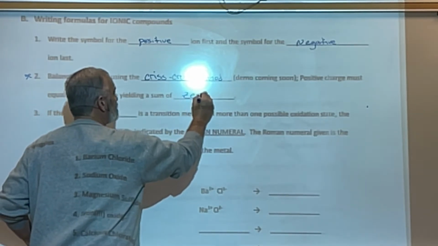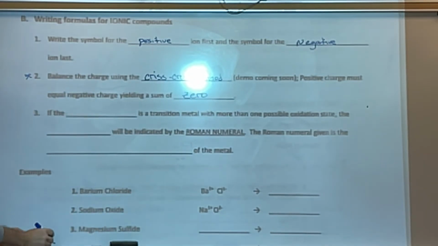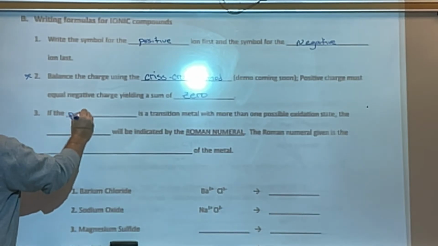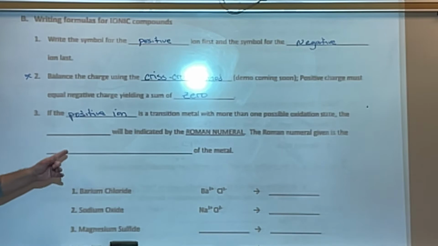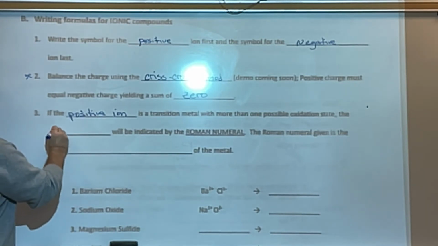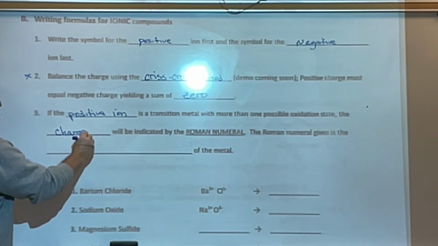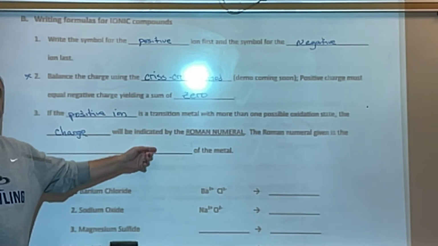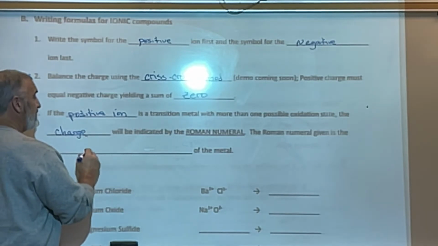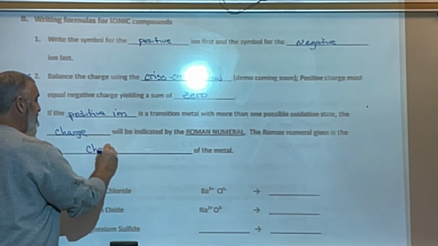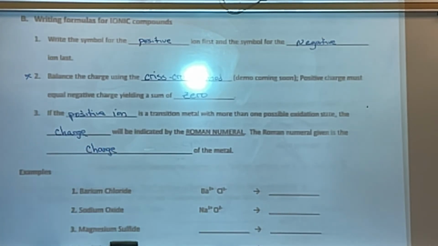Again, in compounds, the charges always add up to zero. Now, if the positive ion is a transition metal with more than one oxidation state, the charge is going to be given with Roman numerals. Just like we had to do when we were naming it. The Roman numeral given is the charge of the metal, not how many there are.